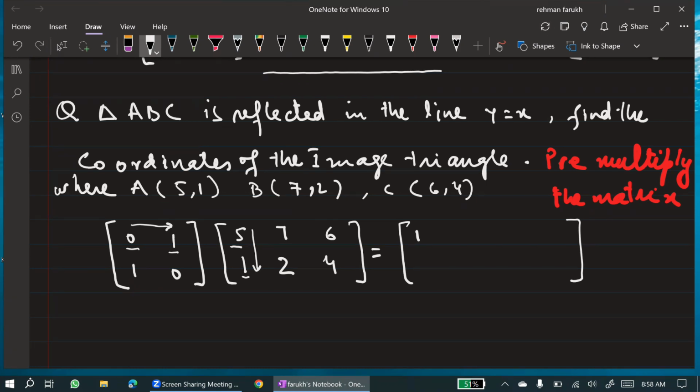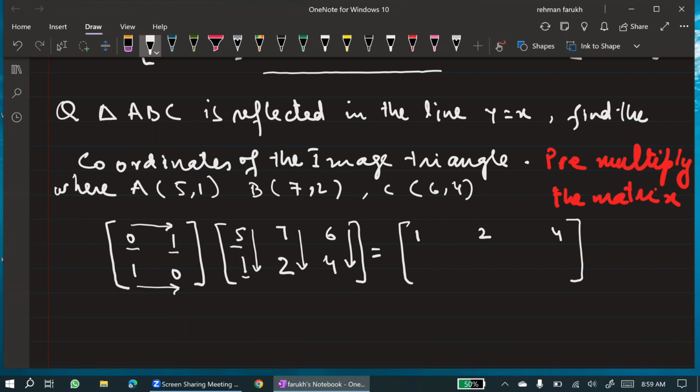Now I will multiply the first row 0, 1 with the second column, that is 7, 2. 0 into 7, 0. 1 into 2, 2. Now I will multiply the first row 0, 1 with 6, 4. 0 into 6 plus 1 into 4. 0 plus 4, 4.